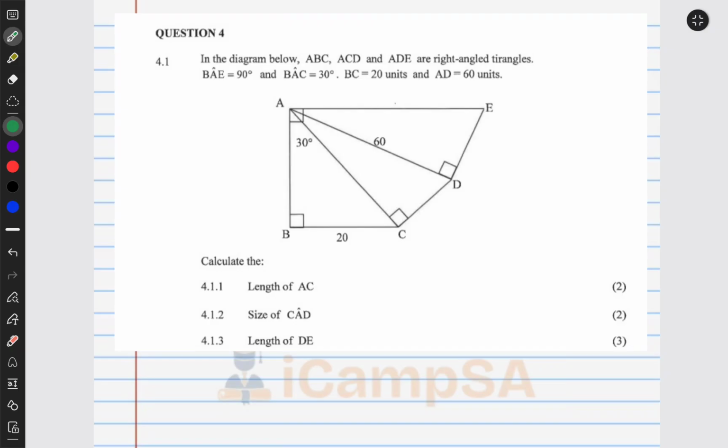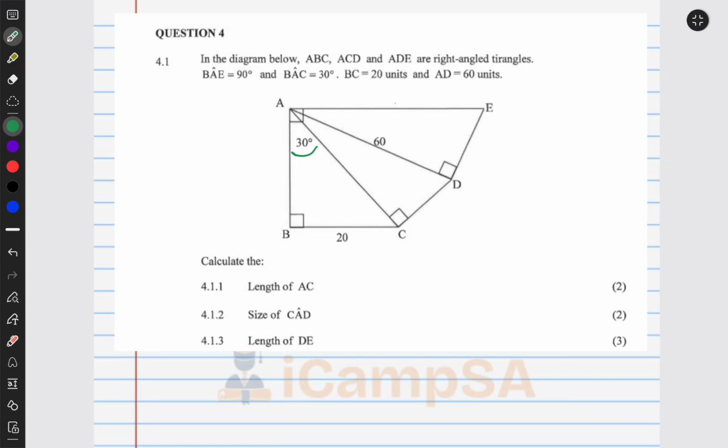BAE is equal to 90 degrees, BAC is equal to 30 degrees, BC is 20 units, and AD is 60 units.